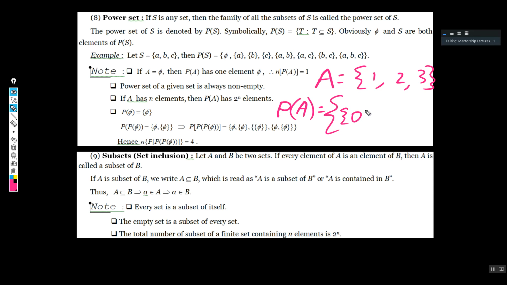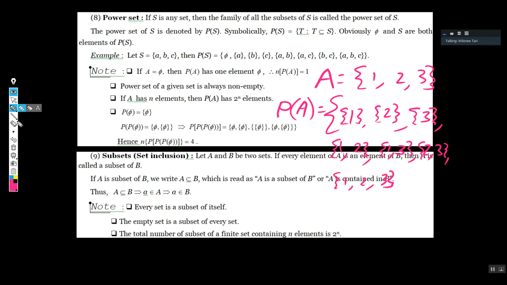A contains {1}, {2}, single element sets, singleton sets, {3}, {1, 2}, {1, 3}, {2, 3}, and any more? {1, 2, 3}. The set itself is a subset.